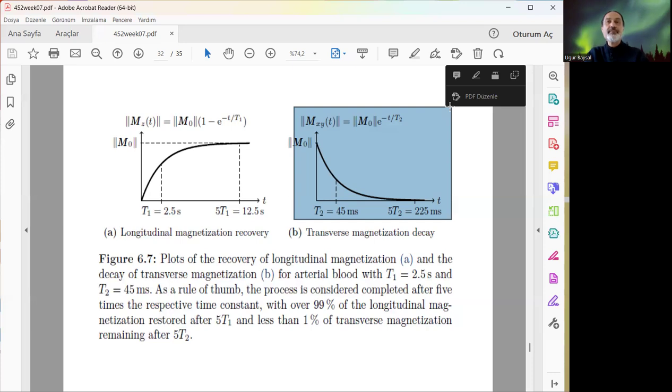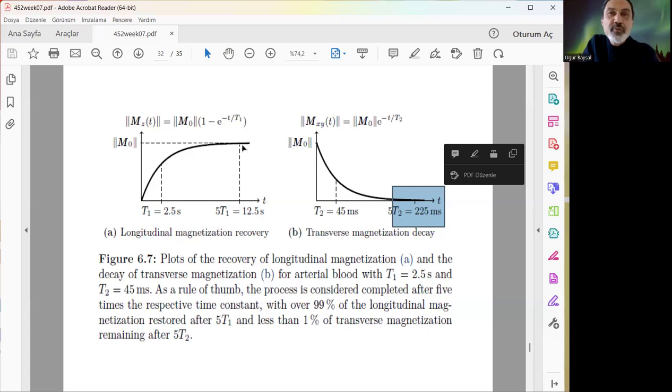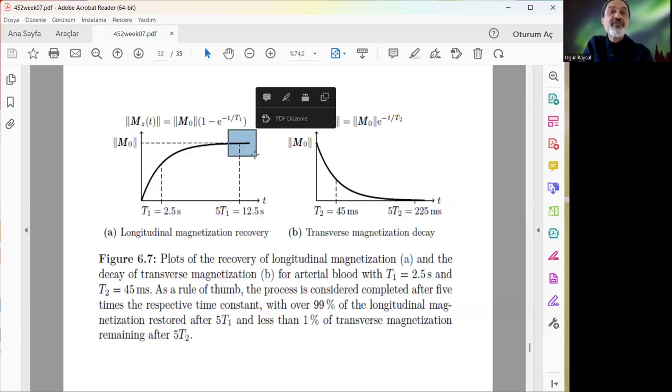Okay? So 5T is assumed to be the steady state of initial condition arrival. So we can assume that after 5T1 or 5T2, we reach the initial conditions again.